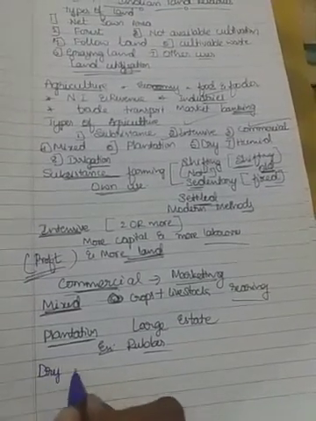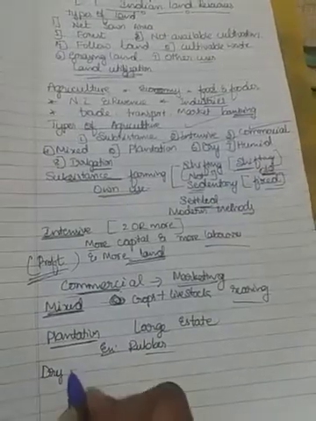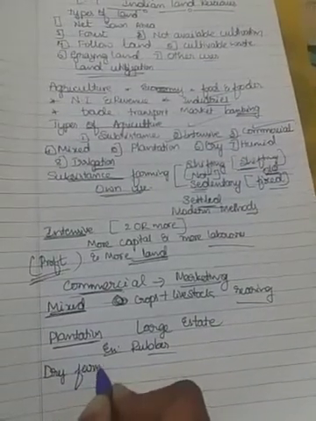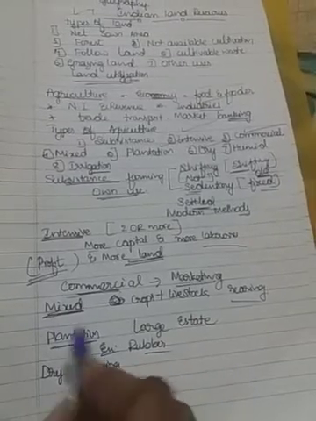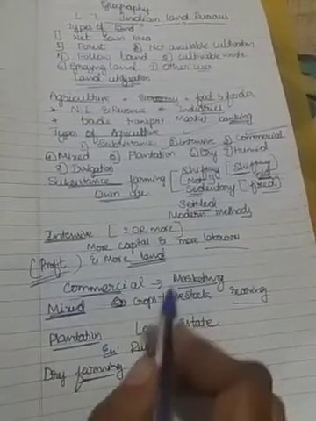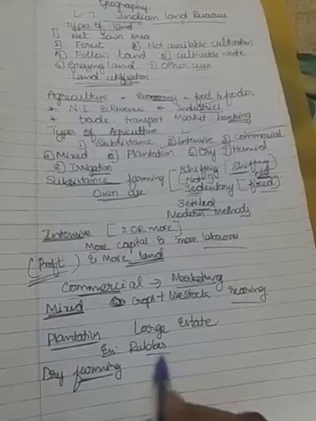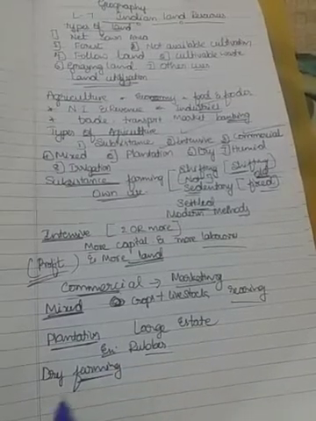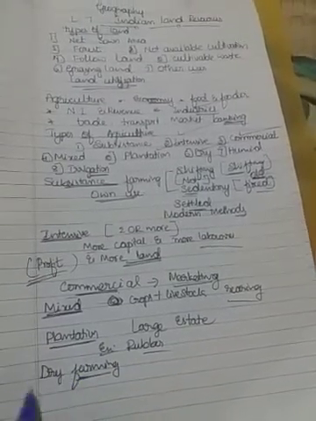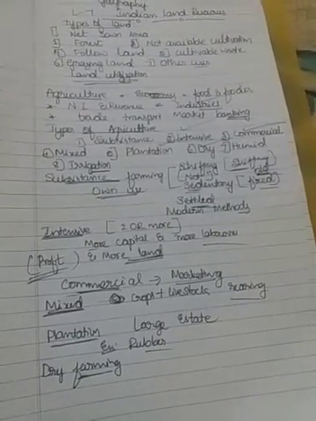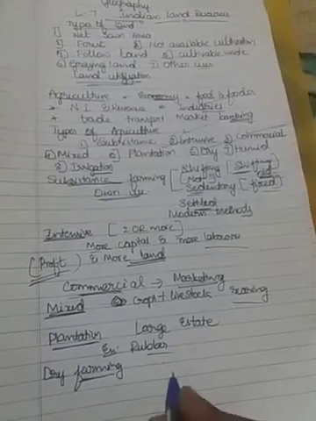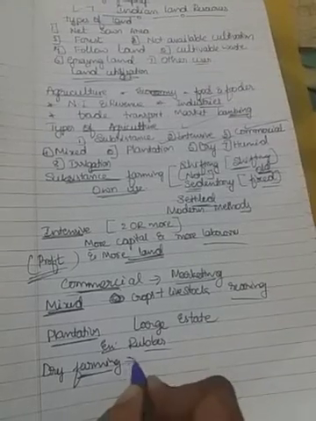Next we have to know about the sixth type, that is dry farming. So what is meant by dry farming? The name itself says what is meant by dry farming: cultivation of crops in the less rainfall region.